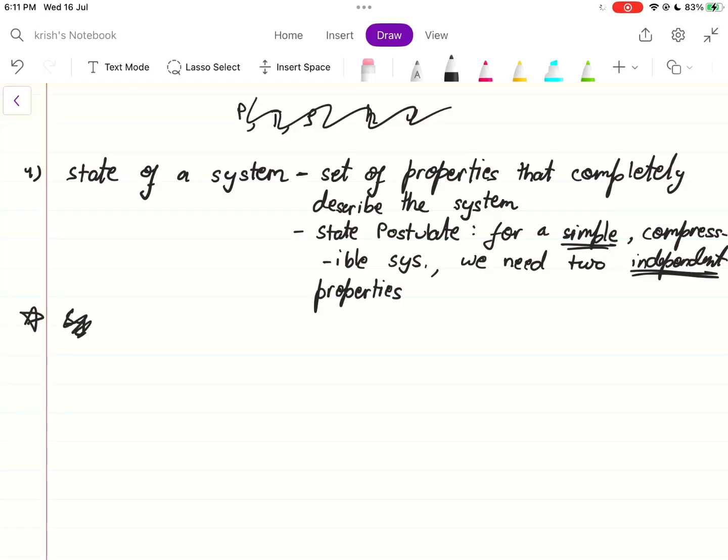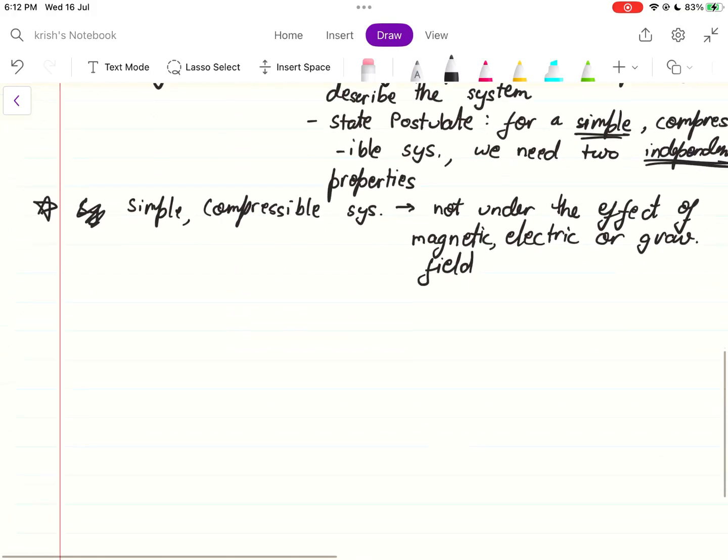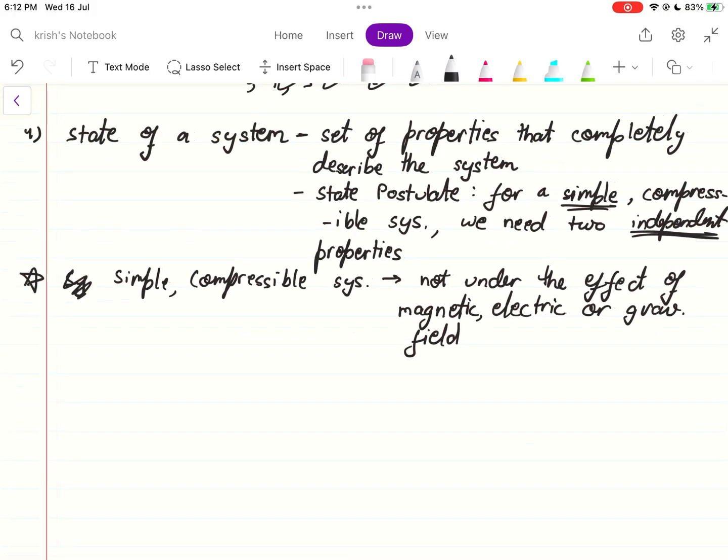A simple compressible system is one which is not under the effect of any magnetic, electric, or gravitational field. So that describes what a state of a system means.